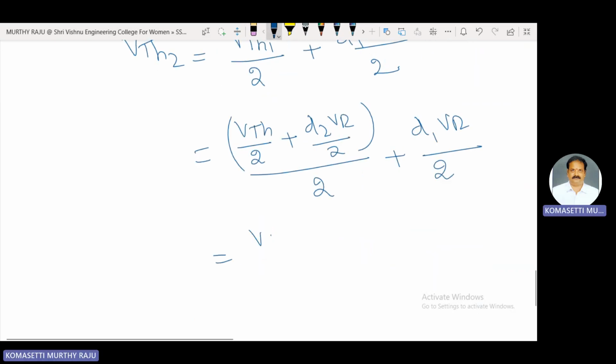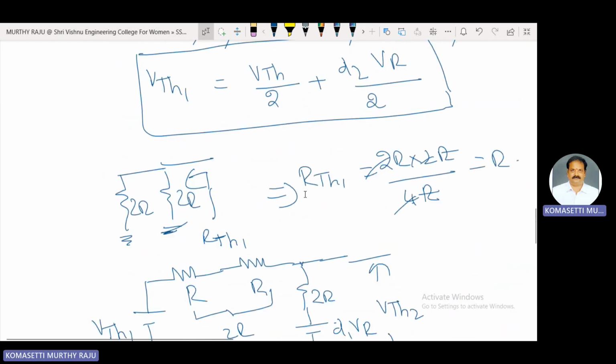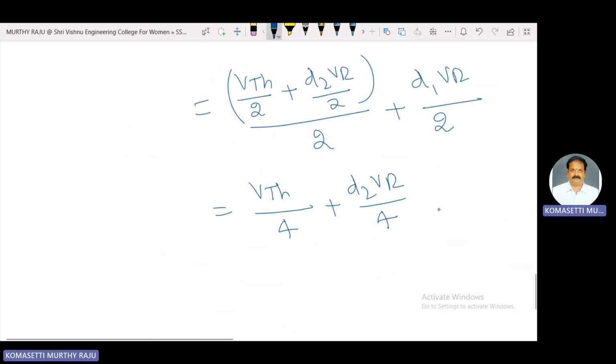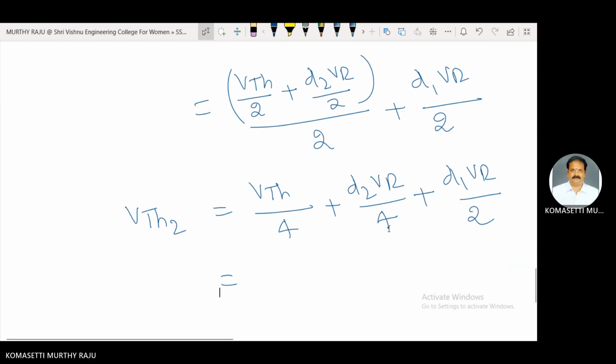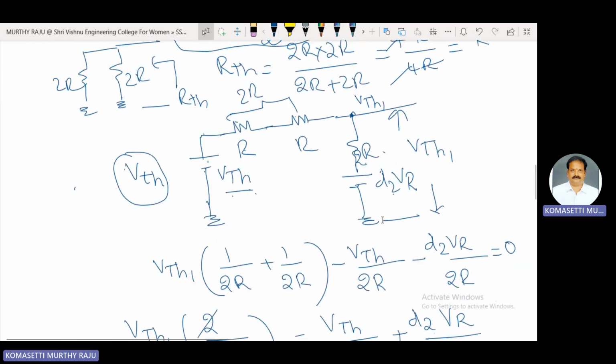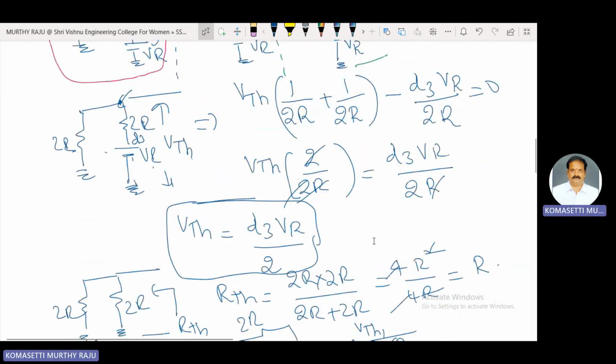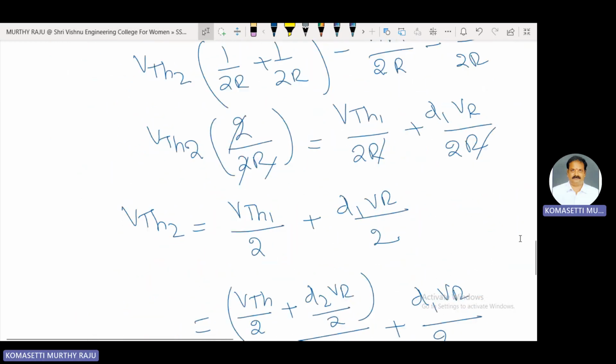That is equal to VTH by 2 into 2, 4, plus D2 VR by 4, plus D1 VR by 2. This is the VTH2. Now substitute VTH also. VTH is equal to D3 VR by 2.